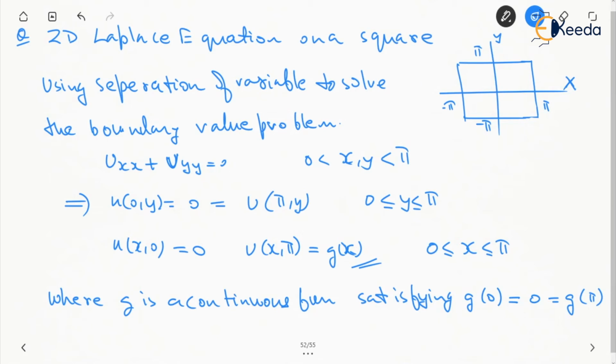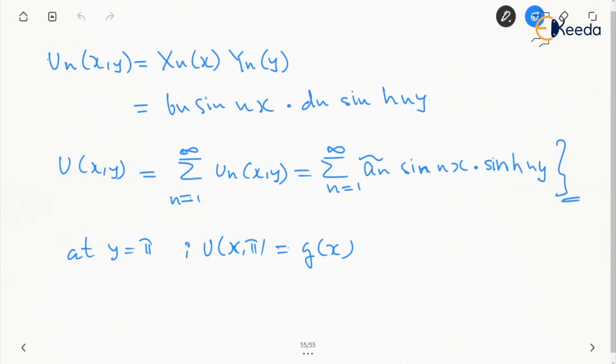So for this case, this ux pi should be equal to gx, and this is going to be the sum from n equal to 1 to infinity of an sin nx sin h n pi.